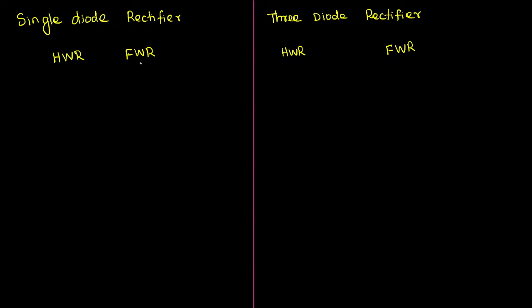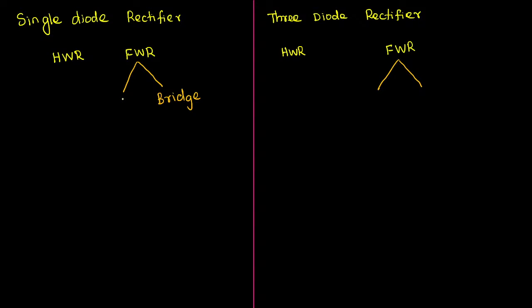Here, this full wave rectifier is again broadly classified into two types, based on the construction. We know that while designing the full wave rectifier, we can design it with the help of bridges.